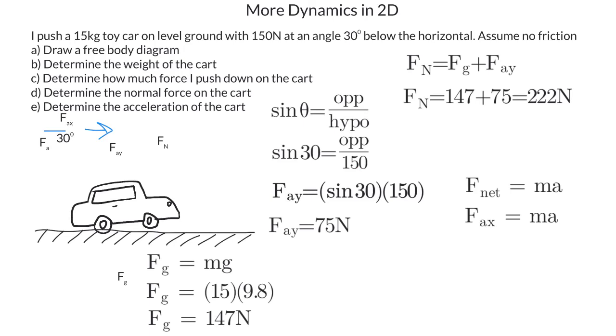While using the cos, it'll be the same thing. It'll be cos 30 equals adjacent over 150, and then you'll notice that I multiplied 150 to both sides. So really I'm going to have something that looks exactly the same as this for FAX, except this is now cos. So I'm going to replace that here.